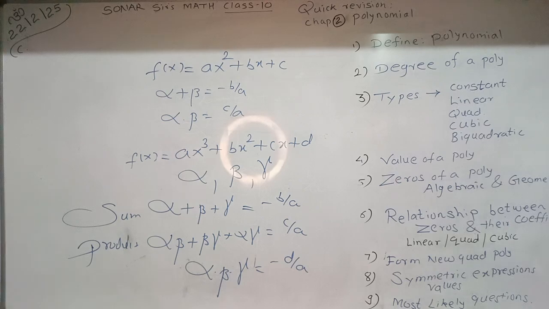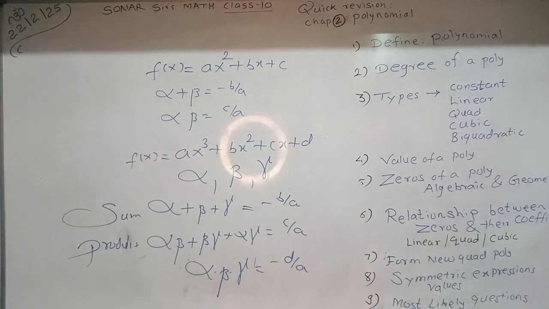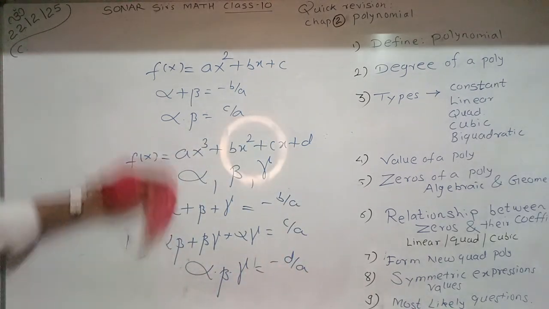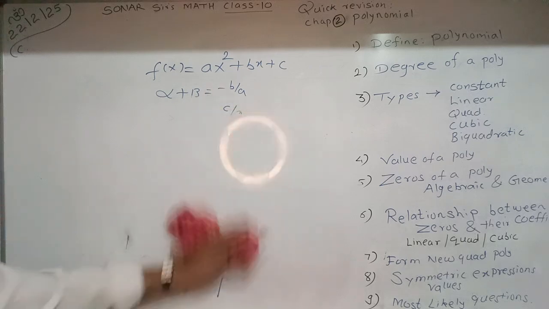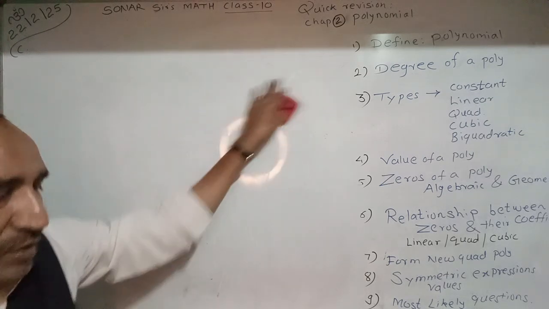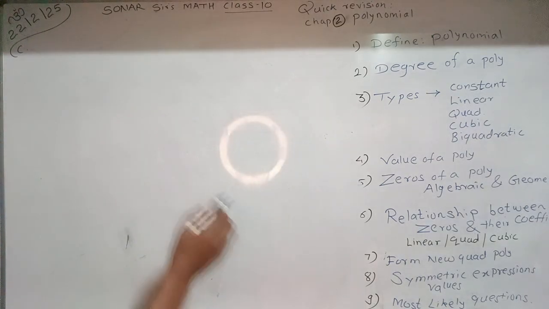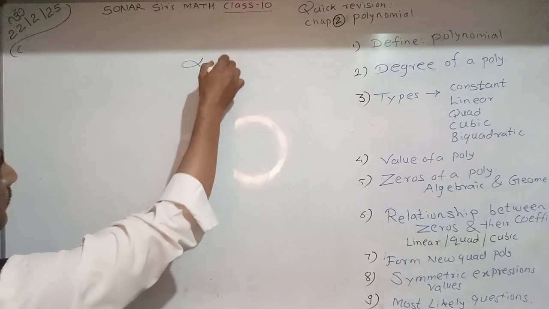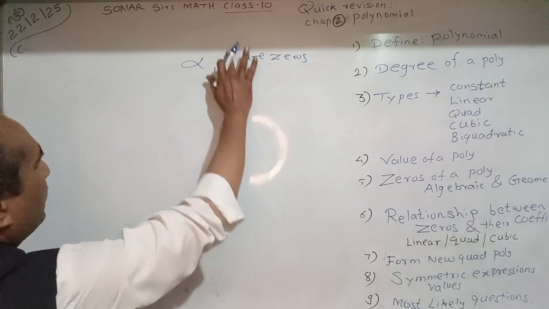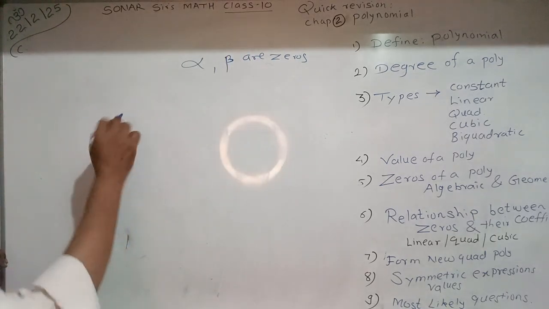So let's move to the formation of a new quadratic polynomial. It is also called the family of the polynomial. Suppose alpha and beta are the zeros of the new quadratic polynomial.